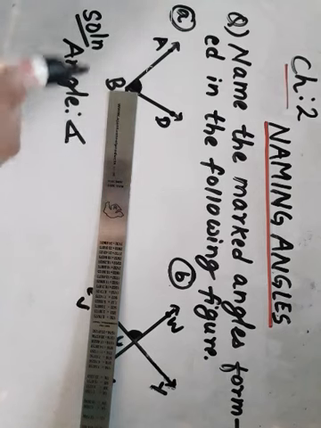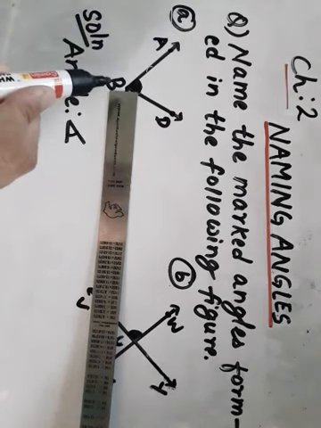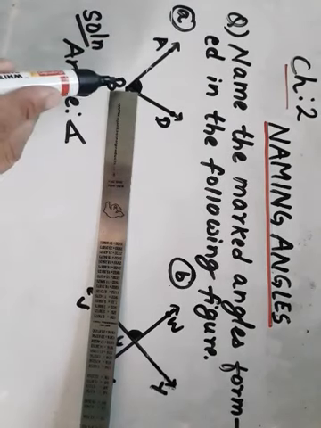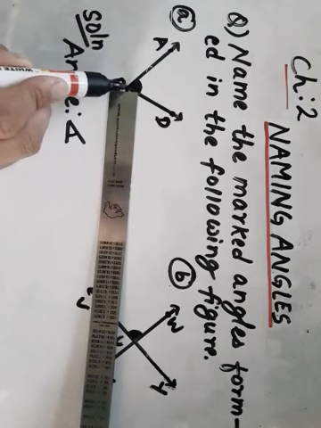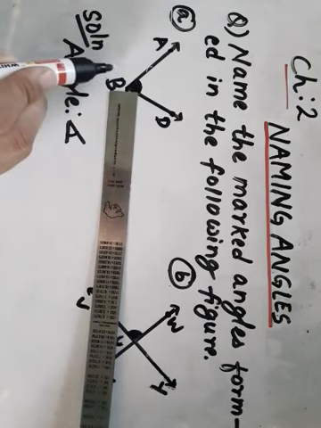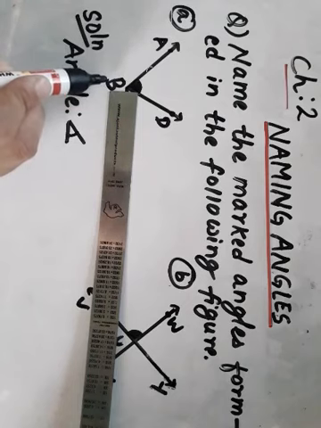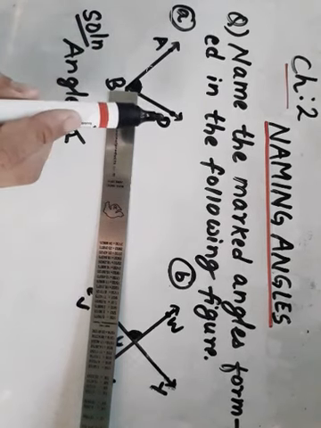Vertex is the meeting point of the two arms. You can see AB and BD have met at point B. So here vertex is your B. So vertex B must lie in the middle. It means either you can start with A or you can start with D.